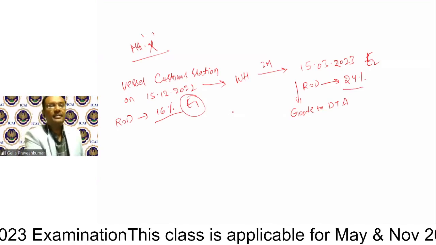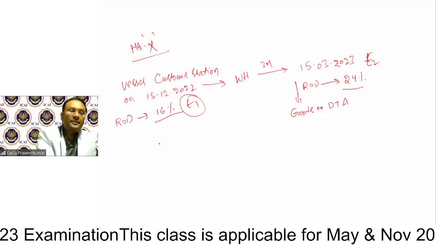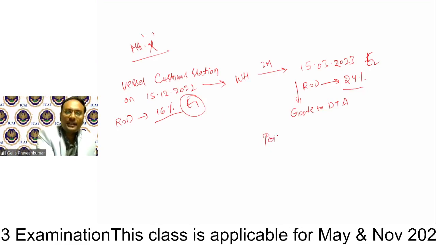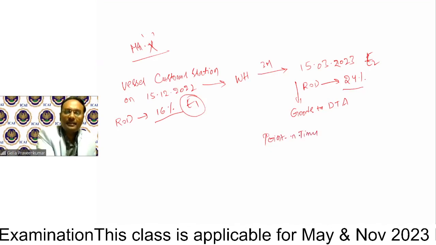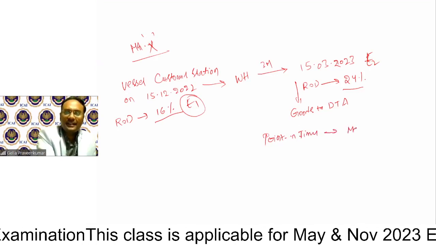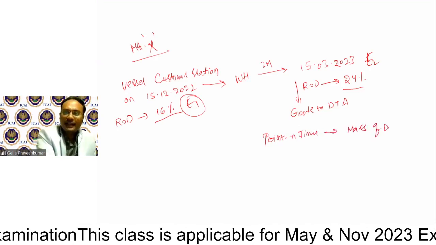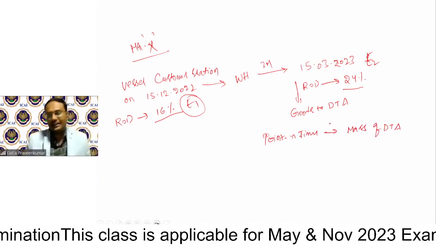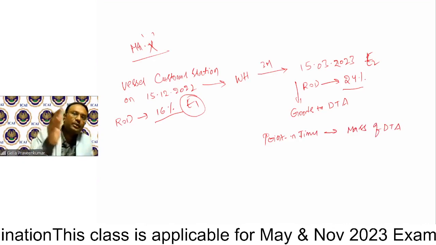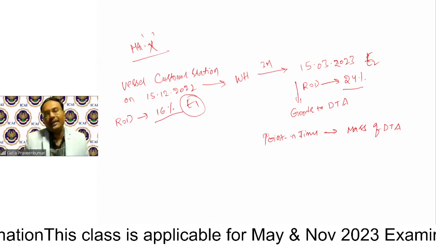In this Kiran Spinning Mills case, the Supreme Court has said that the point in time when the goods are going to become part of the mass of the domestic tariff area is the point in time when the rate of duty gets triggered. Not while the goods are lying in your bonded warehouse.